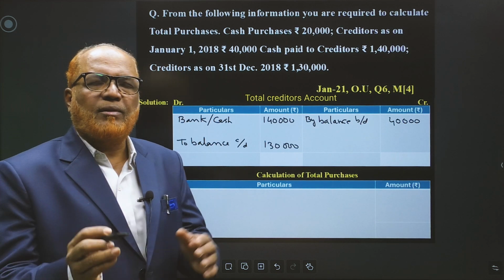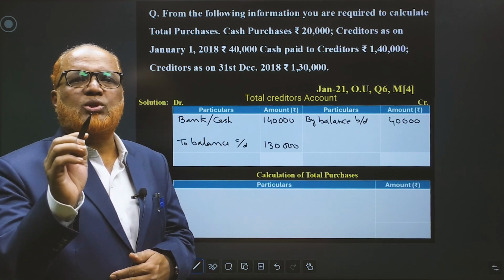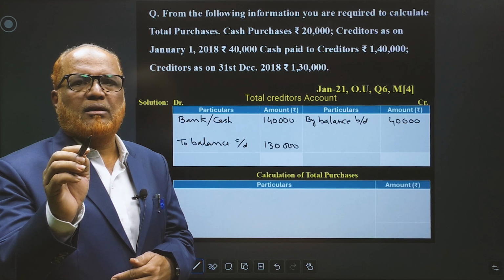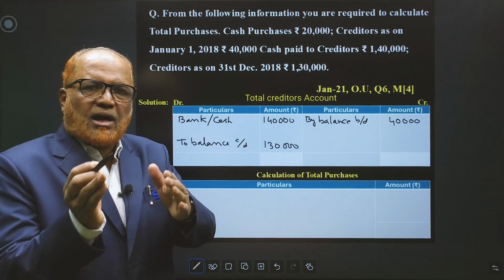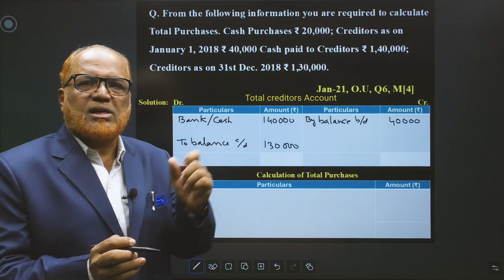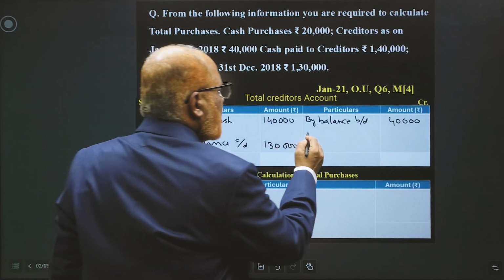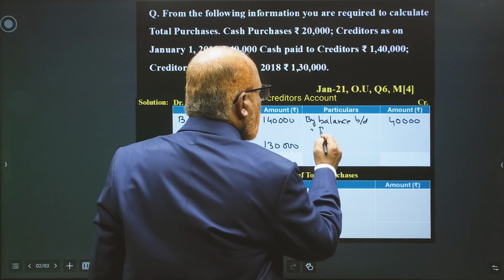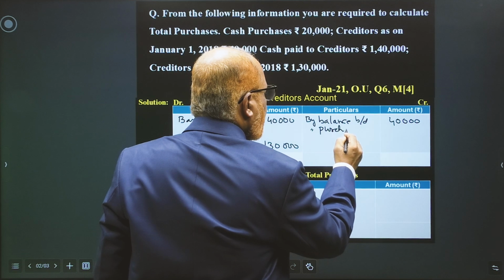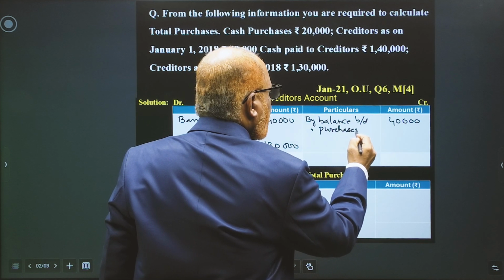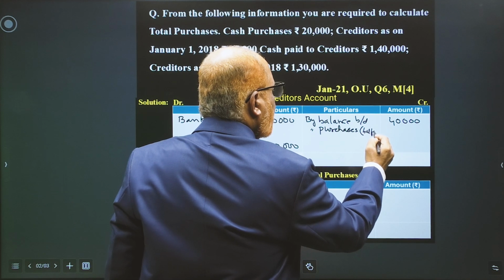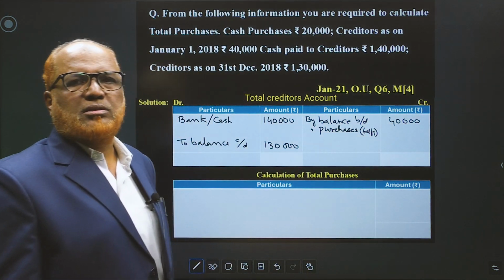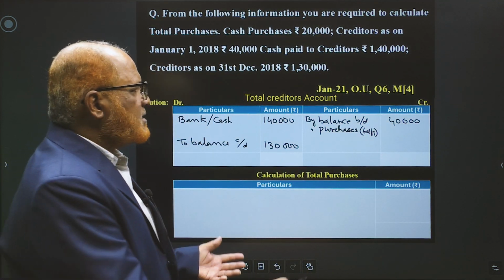What is the entry when we purchase the goods? Purchases account debit, creditors account credit. So creditors account will be credited and purchases account will be debited. So here on the credit side I am taking purchases. This is the balancing figure. Which purchases we got? Credit purchases. That is a balancing figure.